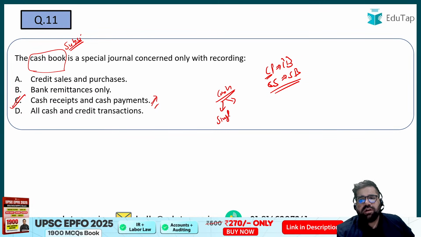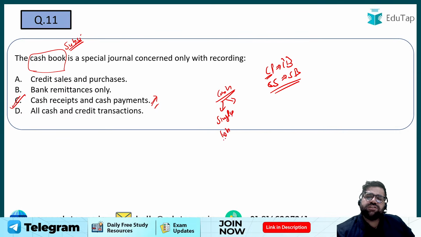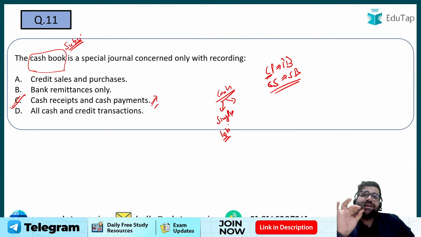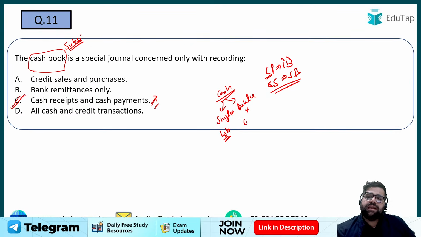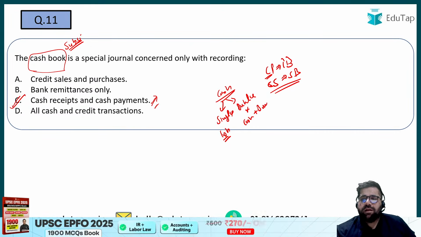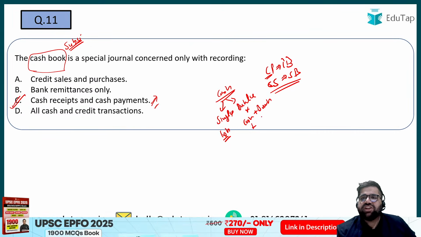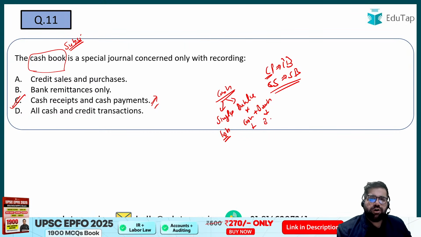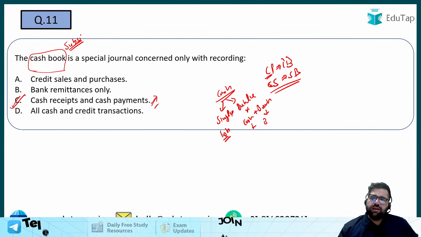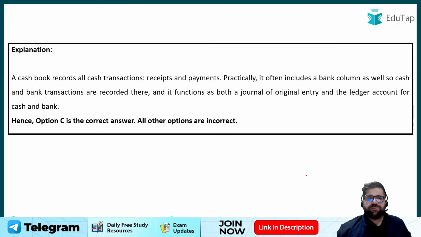In single column, you only have one particular column which tells about cash in hand. But in double column, you have two columns: cash plus bank, right? This cash is like cash in hand, plus you also maintain your bank account balance. Simple. So the correct answer over here will be option number C.